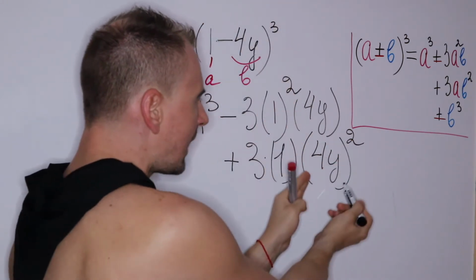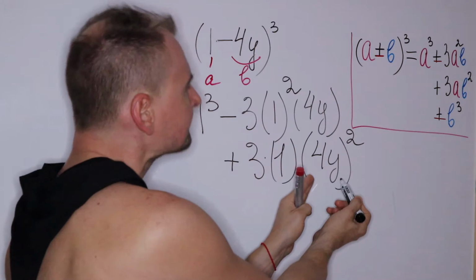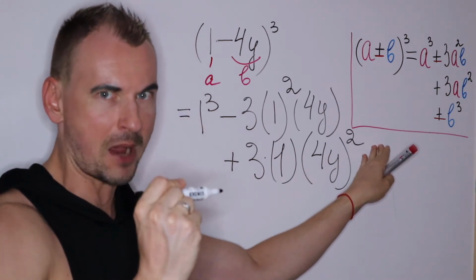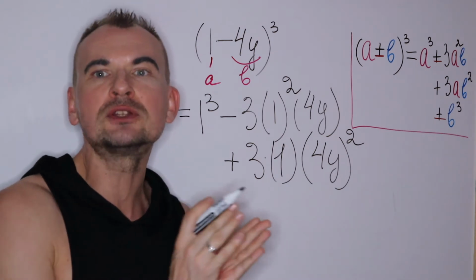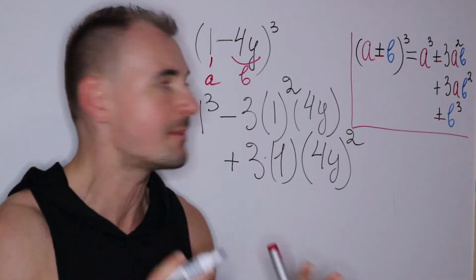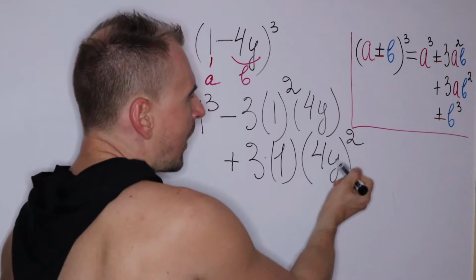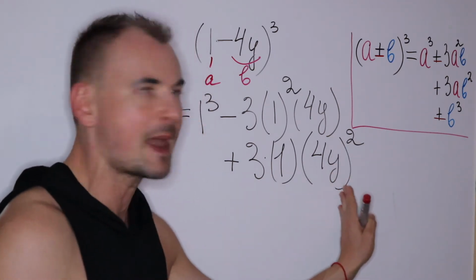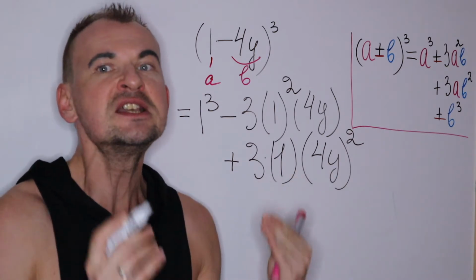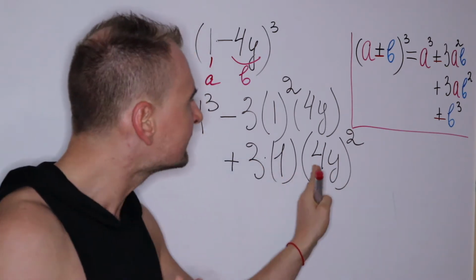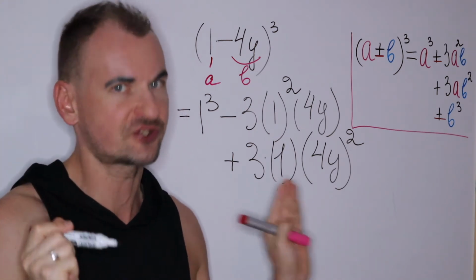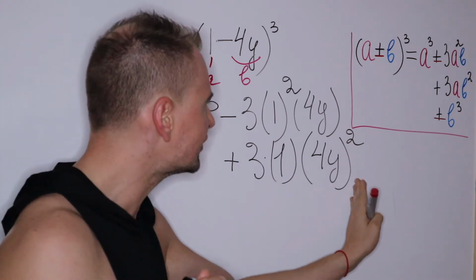So the whole term 4y gets raised to the second power. Many people trip up here and just write 4y squared, so they don't write the parentheses. It's vitally important because eventually this 4 needs to be raised to the second power too. So pay attention at this point.